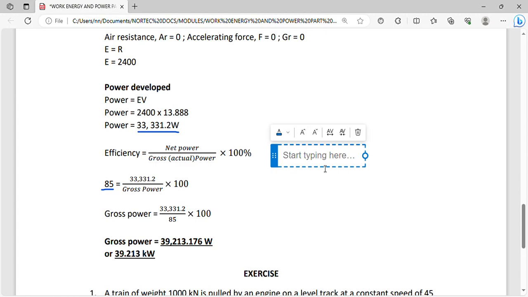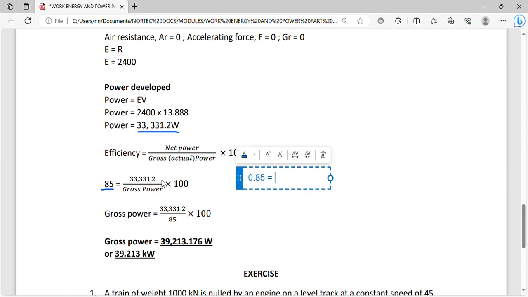So if I was to go that way, I would write it like this: 0.85 equals, then I go ahead with the substitution, which is 33,331.2. Of course, I'm going to multiply by 100, but we're dividing by this other one, which is gross power.